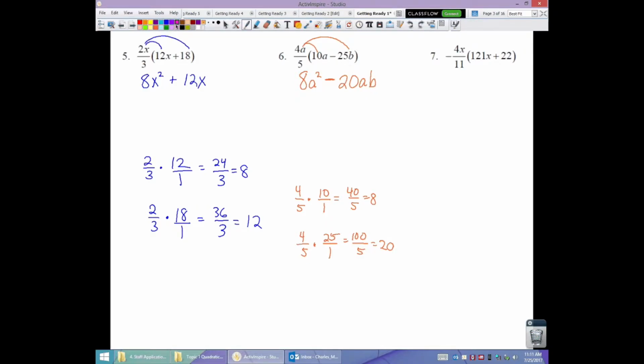And last one, negative 4/11 times 121x. Well, a negative times a positive, I know that first term is going to be negative, so I can just treat it now like 4/11 times 121.